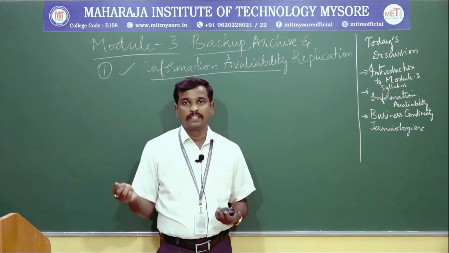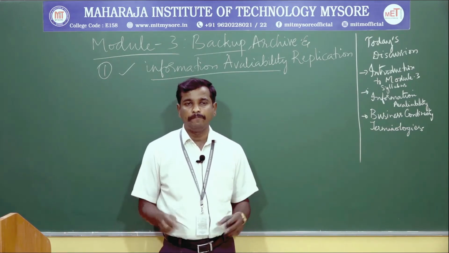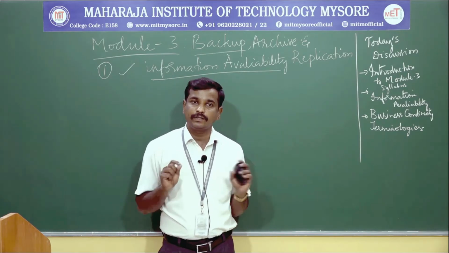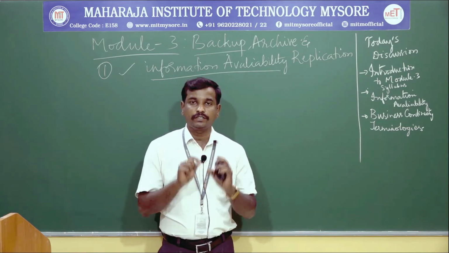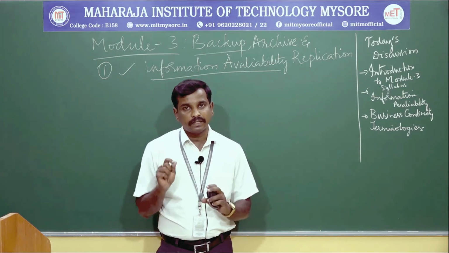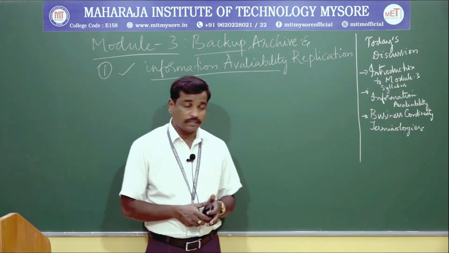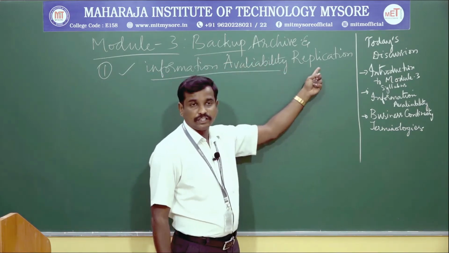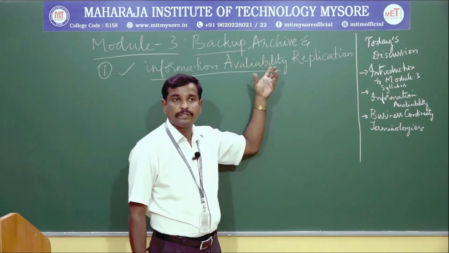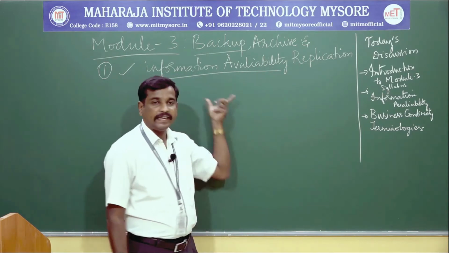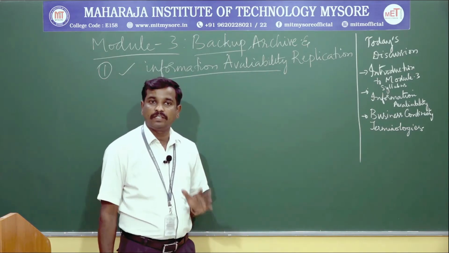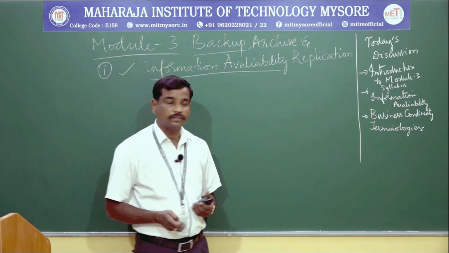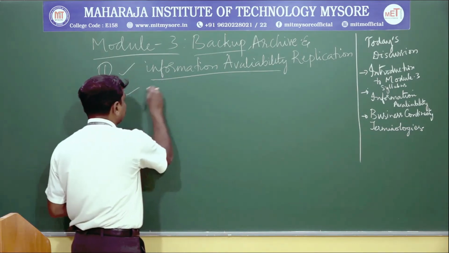As an end user, we need information available 24/7. How do we do that? All these operations, backup operations, archive operations, replication operations, need to be done to make our information available 24/7.